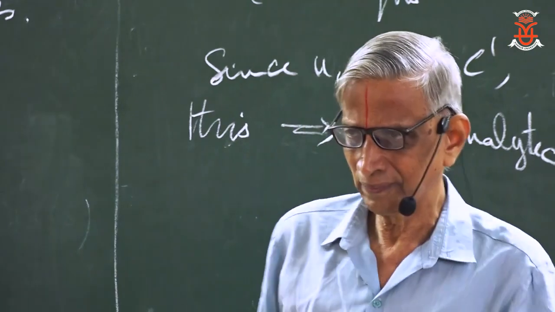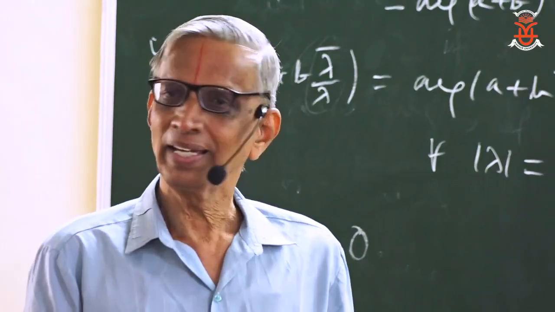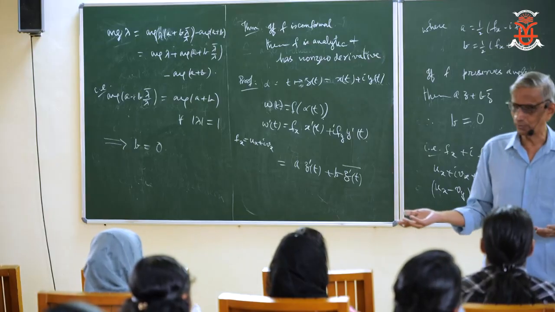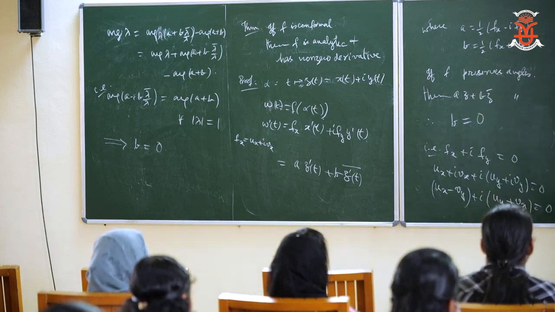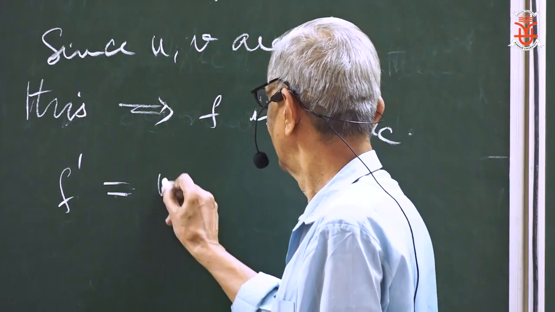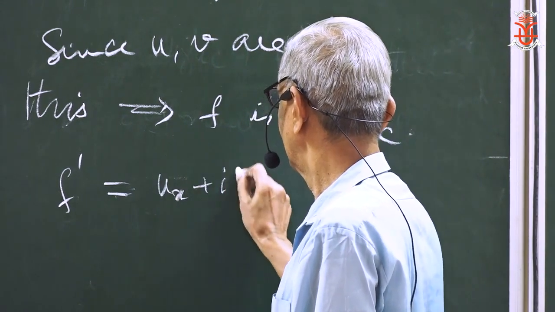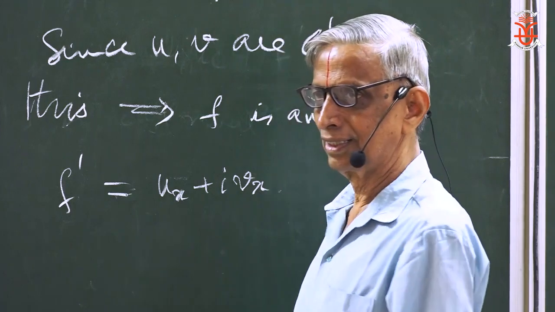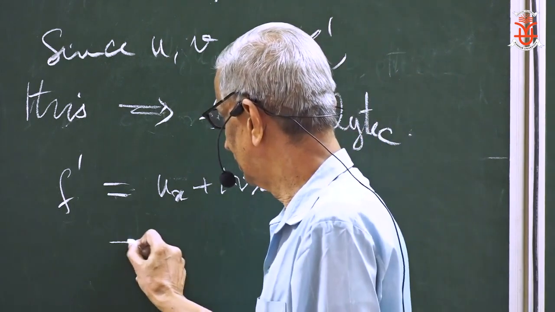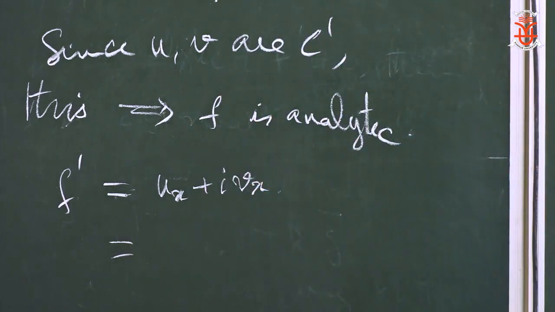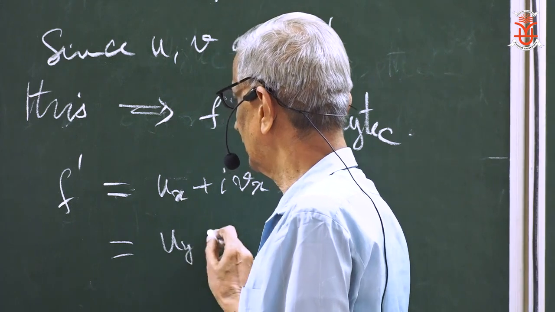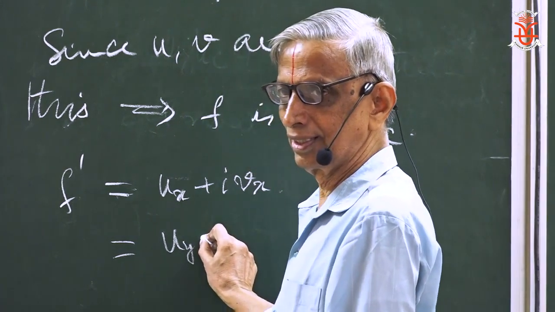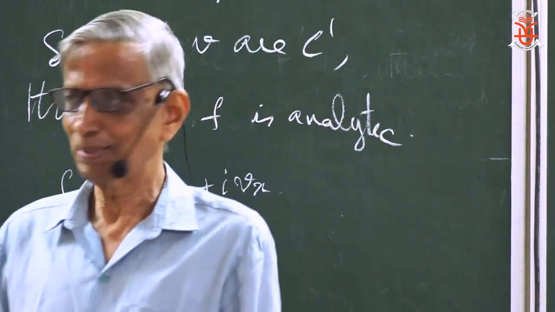And what is the derivative? What is f prime in terms of u and v? f prime is u_x plus i v_x, and is also v_y minus i u_y.